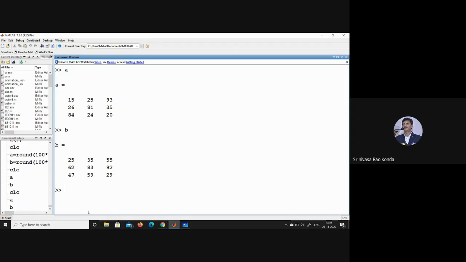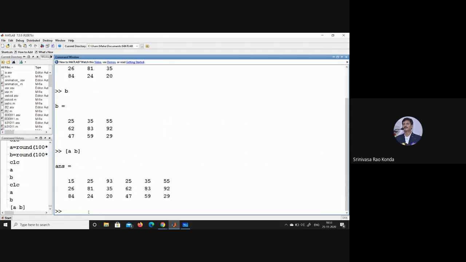So how to make it as horizontal concatenation? Horizontal concatenation, vertical concatenation. You can match horizontally. If you want to match horizontally, you have to give like this.